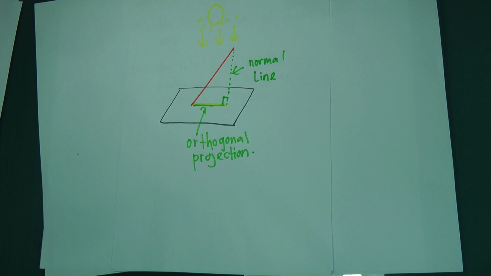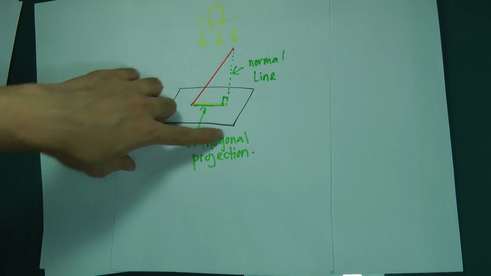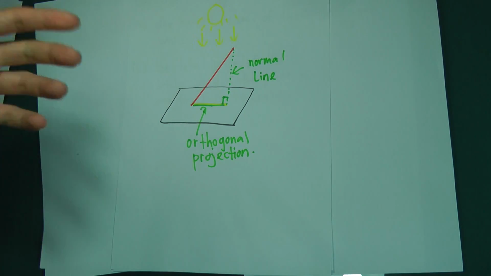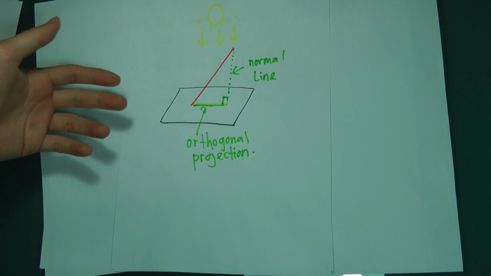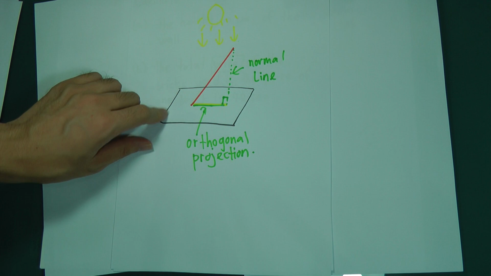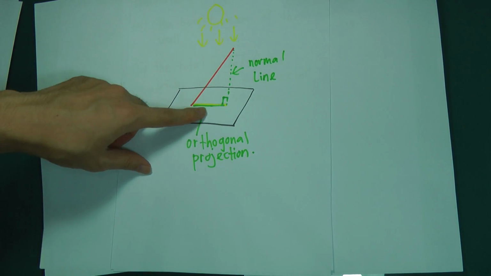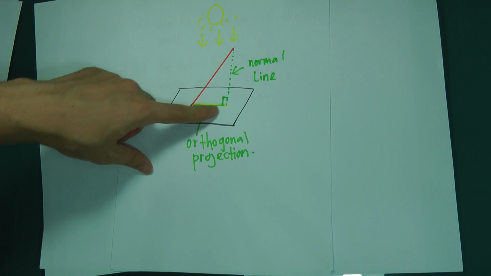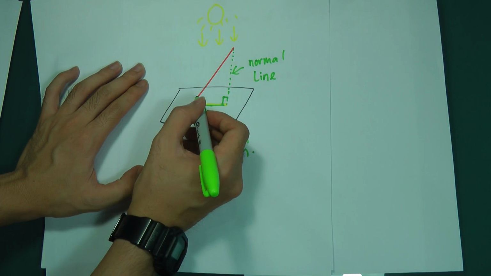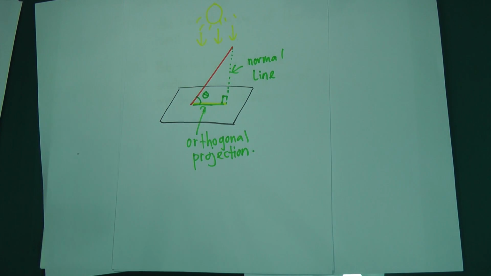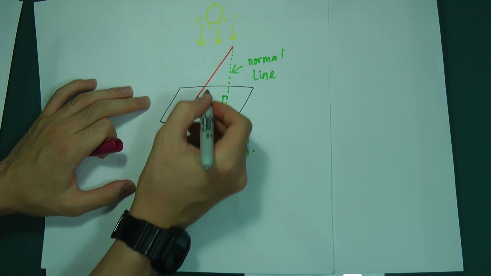It means this is the plane, and you have a line over here, and if they ask you to find the angle between this line and this plane, you must be able to see the shadow over there. Then you can know this is the angle in between.